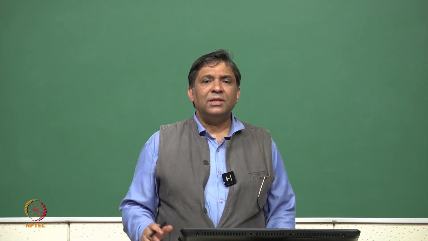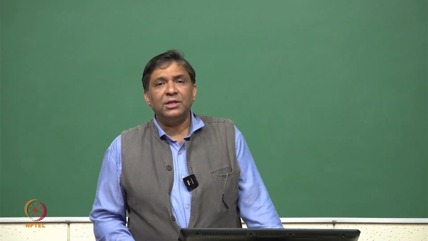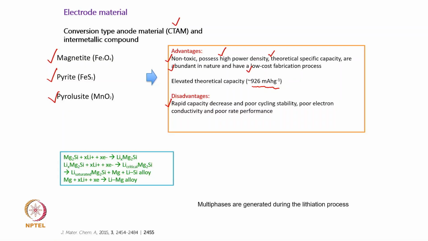Okay. In literature, people have also shown some intermetallic compounds. I am just mentioning one particular reaction here, like the different intercalation processes which can take place. Like you see this Mg2Si, it takes up lithium and electron, it becomes LixMg2Si.